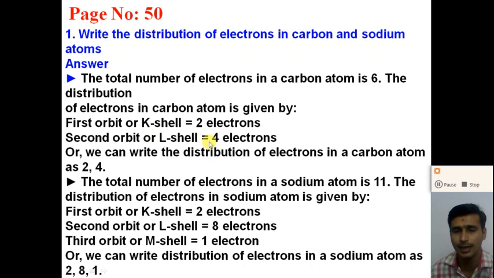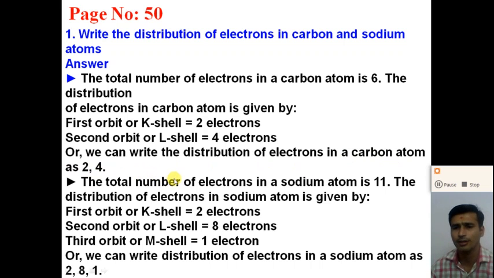If n is equal to 2, we get 2 into 2 squared, which is 8 electrons, so the maximum capacity of the second orbit is 8 electrons. But out of these 6 electrons, 2 are in the first orbit and 4 are in the second orbit. So the distribution of electrons in the carbon atom is 2, 4.